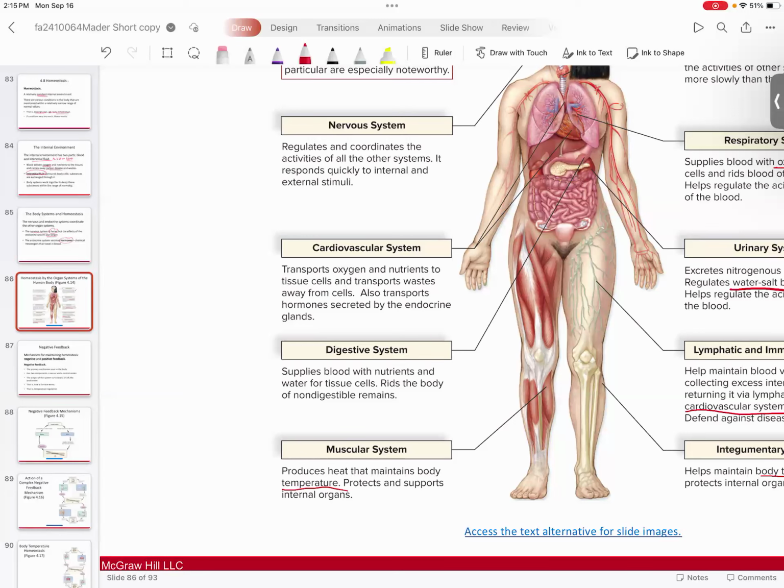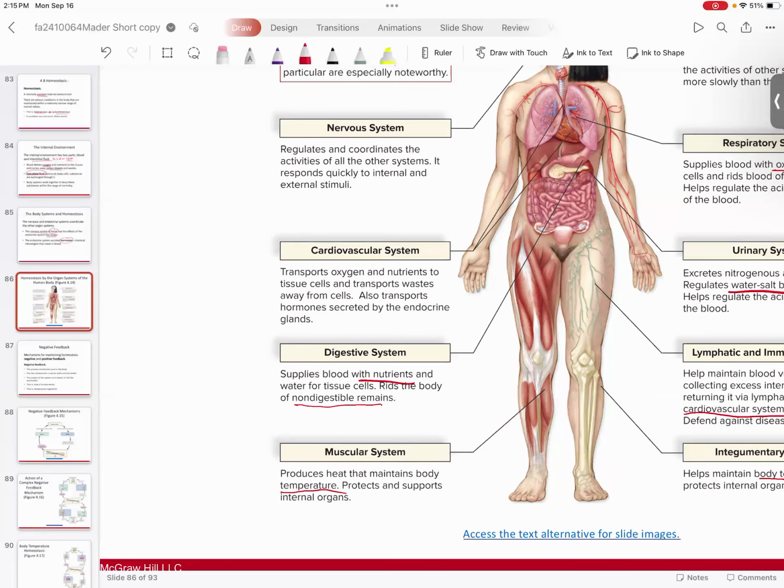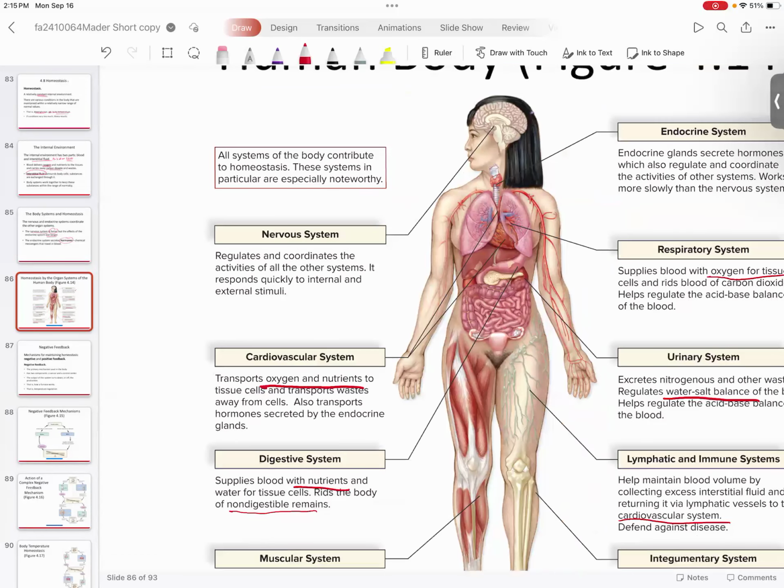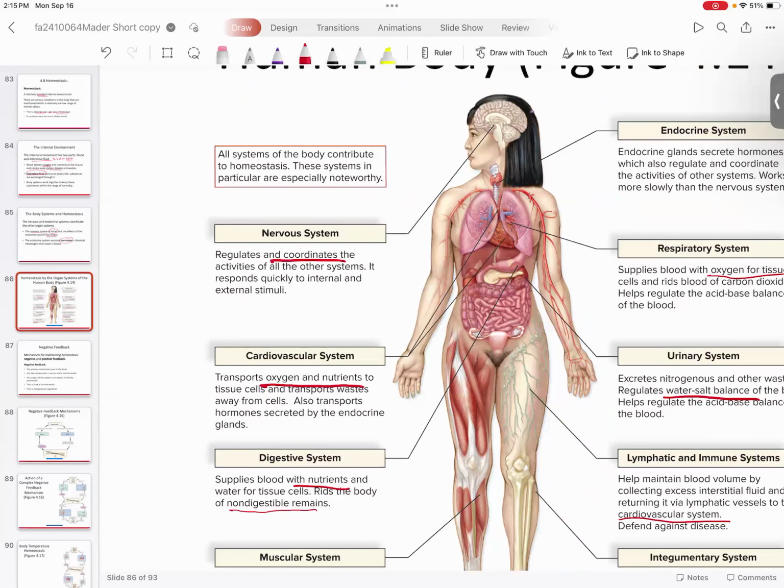Your digestive system is basically striking homeostasis because it is trying to, number one, get rid of indigestible items, plus bring in the nutrients that you need in order to homeostatically balance that with your tissues. Cardiovascular system is transporting the oxygen and nutrients that you need to balance between you and your tissues, and the nervous system is helping to coordinate all that along with the endocrine system.